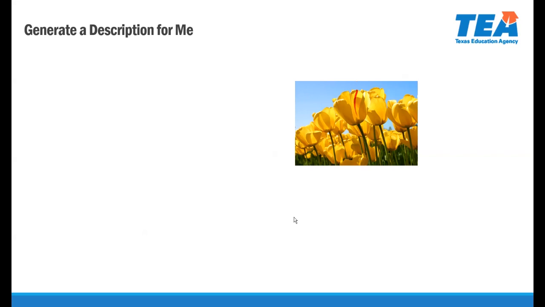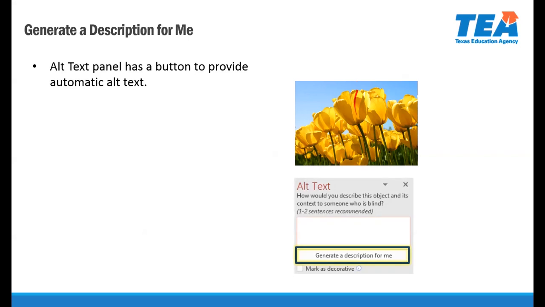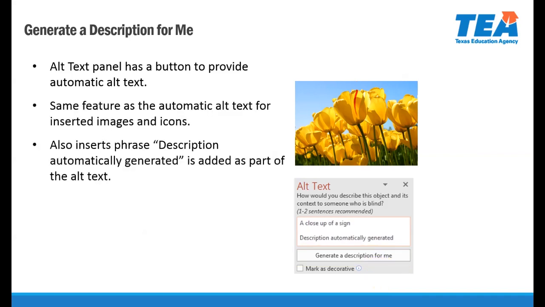Another alt text feature in Office 365 is the Generate a Description for Me button found on the alt text panel. This is provided for images that don't have alt text. It's the same feature as the automatic alt text, where the "description automatically generated" phrase is added as part of the alt text.